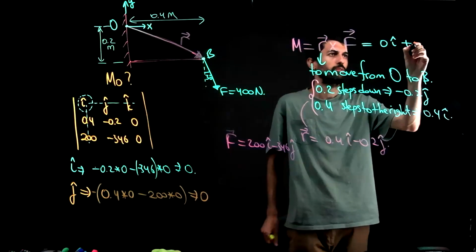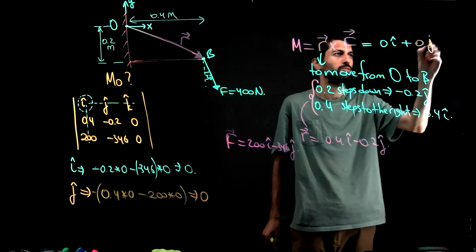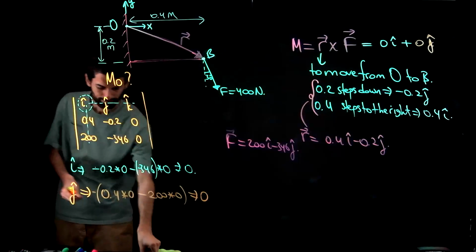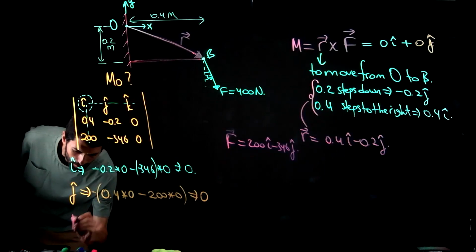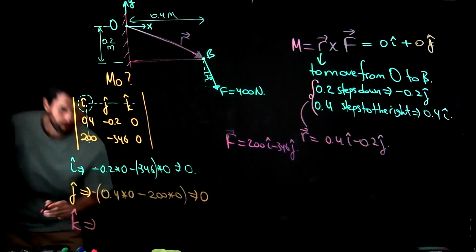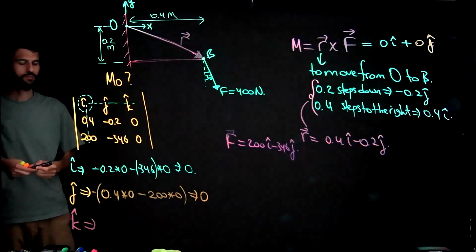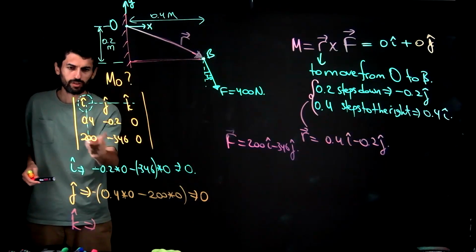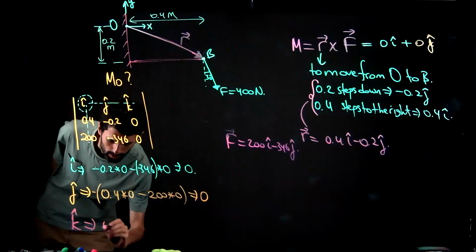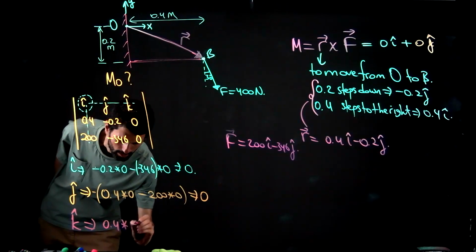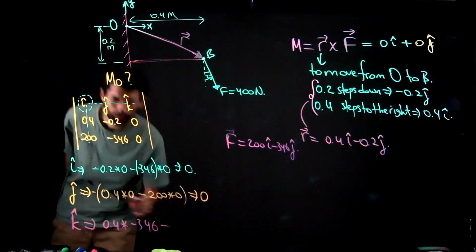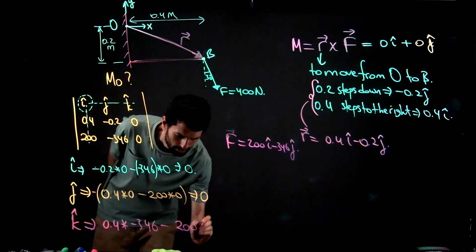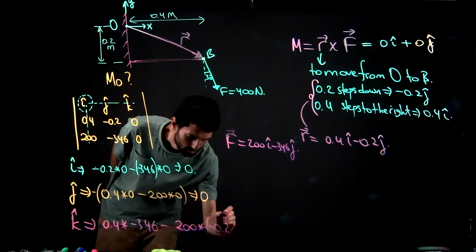So it is 0i and 0j. Finally the k component. Following the same principle, we have 0.4 times negative 346 minus 200 times negative 0.2.